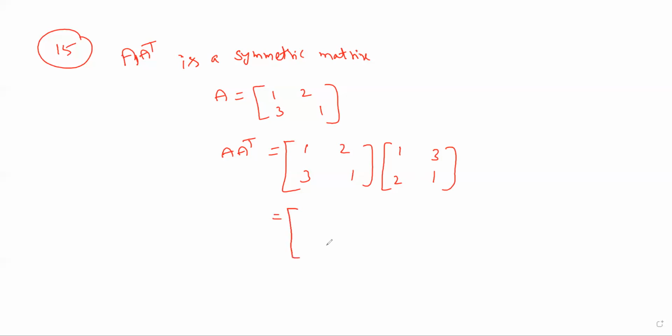I'll multiply these two matrices. 1 into 1, 1, 2 2s are 4, total 5. 1 into 3, 3, 2 1s are 2, total 5. 3 1s are 3 plus 2, total 5. 3 3s are 9, 9 plus 1, the total 10 you will get.